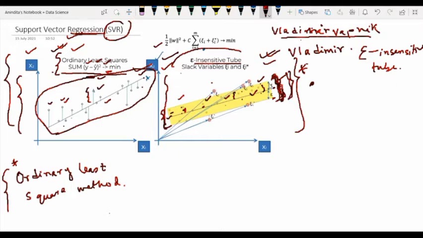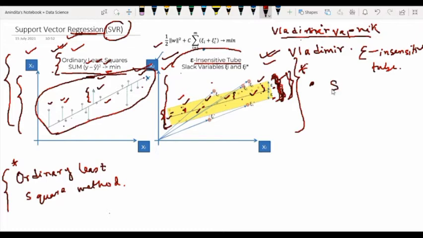Or we can say that the error we have inside the tube, we are allowing this error for our model. We are not caring about the error over here. So any discrepancy or any distance between the point inside the tube and the regression line, we don't care about this error.